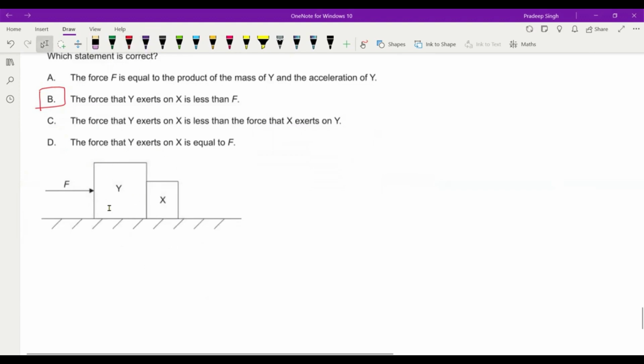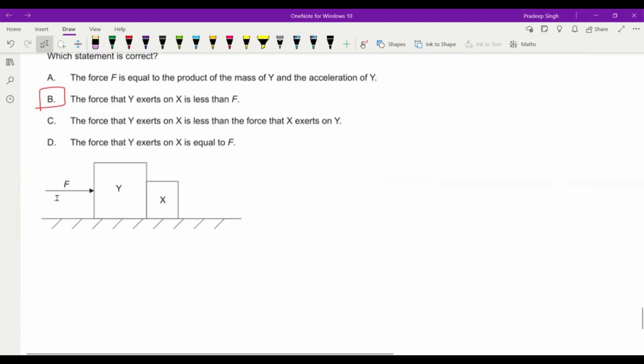So in this, if you consider y and x together, Ahan, what are the forces acting on this entire system? Y and x together. Mass of y plus mass of x into acceleration, right?